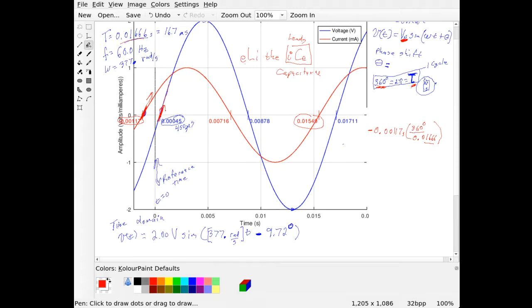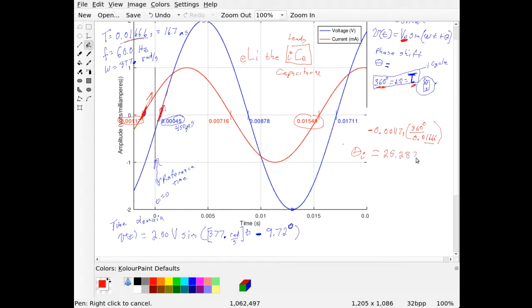360 divided by, and so I get 25.282. So this is the phase angle for the current, so maybe I'll put a little subscript here for the current.